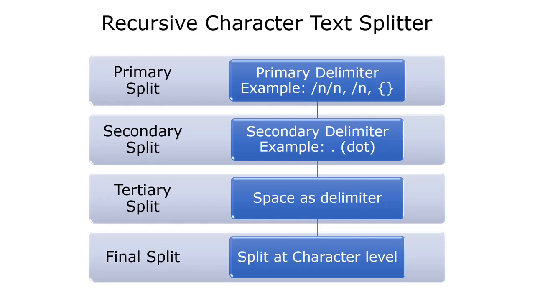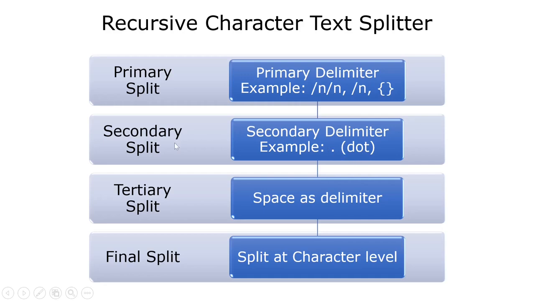After the primary split, if the user defined chunk size is still less than the current chunk size, then it will go to the secondary split. In the secondary split, it uses a secondary delimiter, for example, dot. There are many more delimiters which you can find in the official documentation.